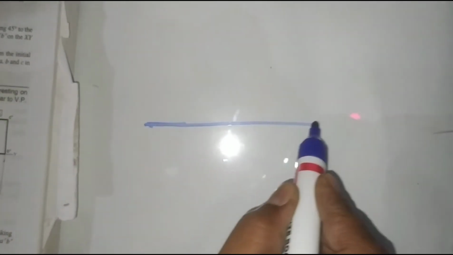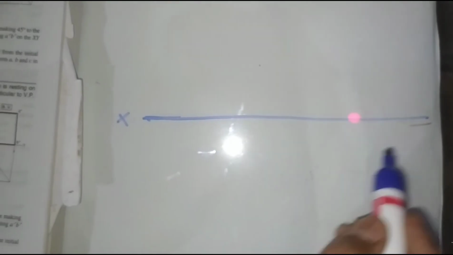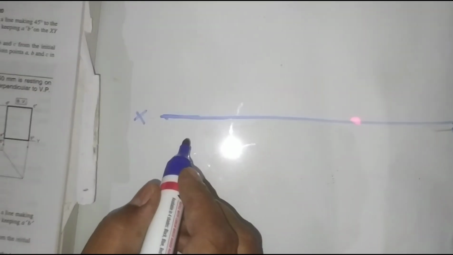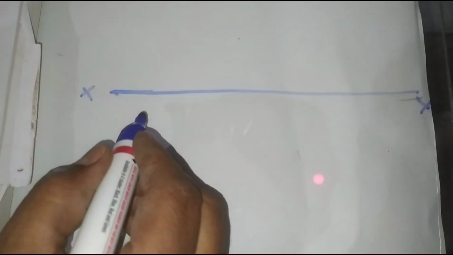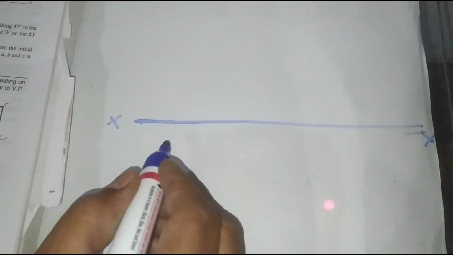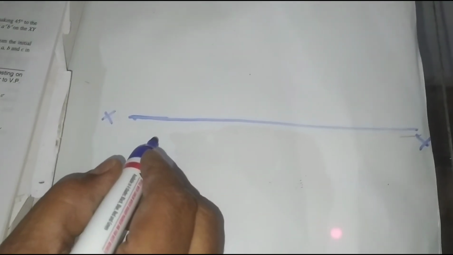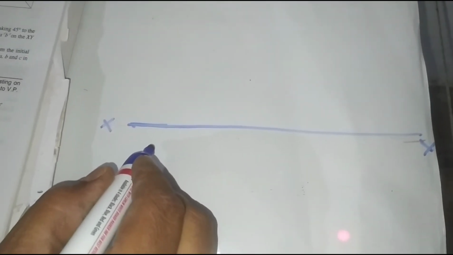We know to which plane the plate is inclined. The plate is inclined to HP, so make it parallel. So the rectangle is observed in HP.